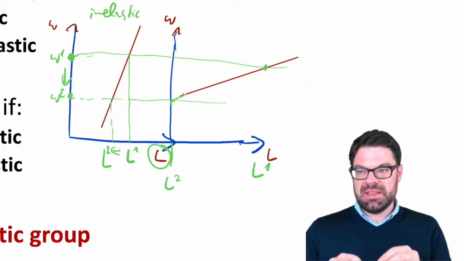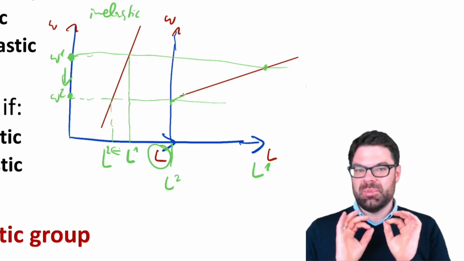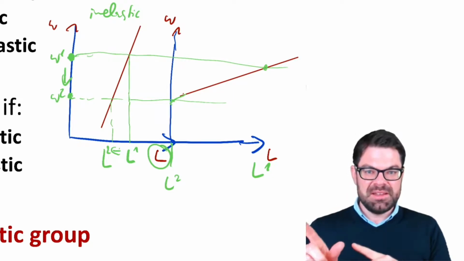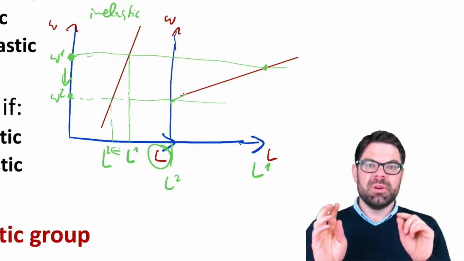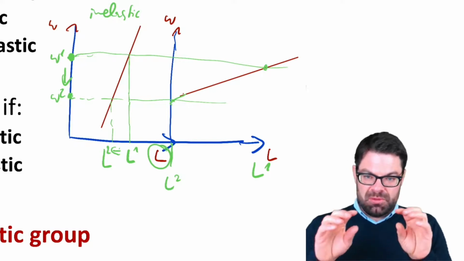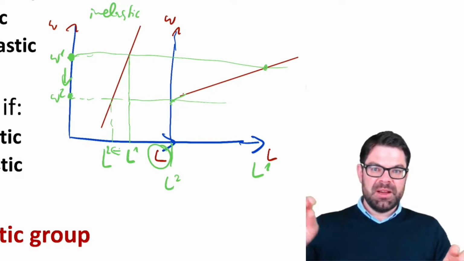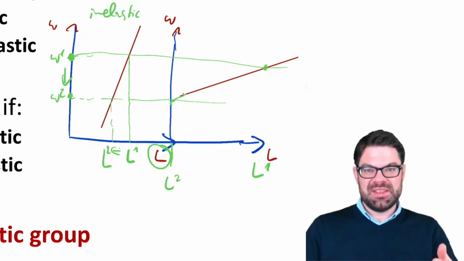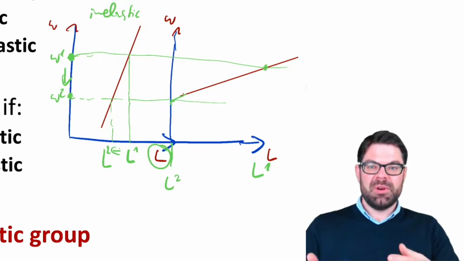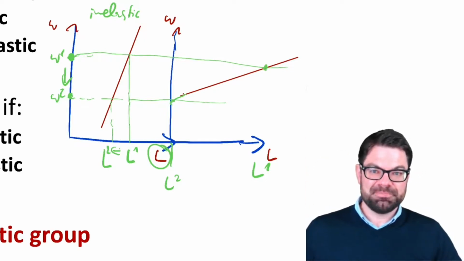Workers can also have the possibility to move more or less easily to a different firm, or geographically relocate to a different labor market, whereas others pretty much have to stay put. Those who have to stay put have a more inelastic labor supply than those who have the opportunity to move elsewhere.